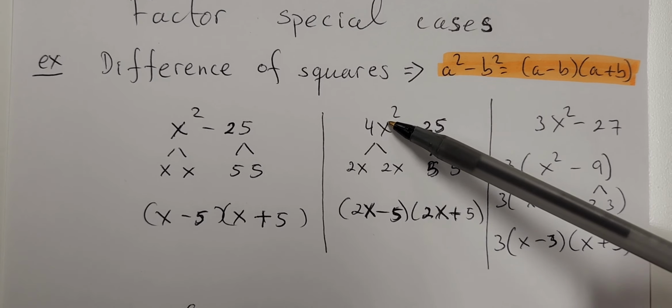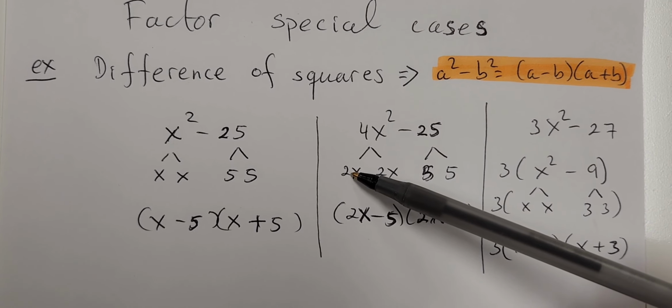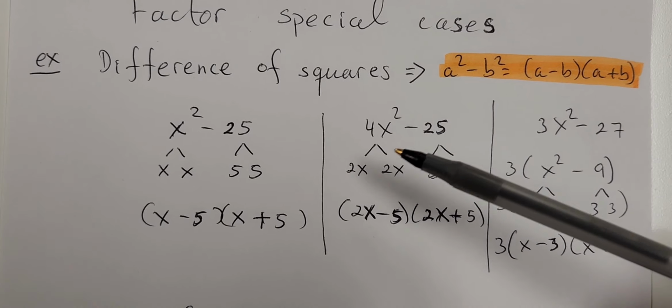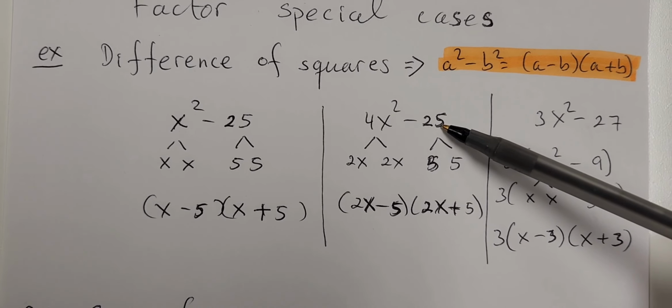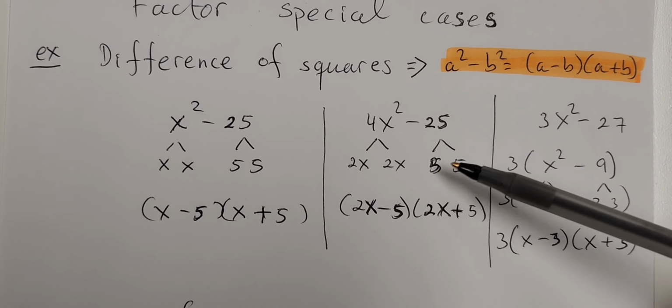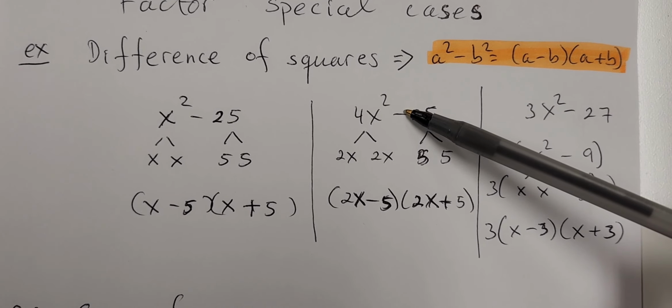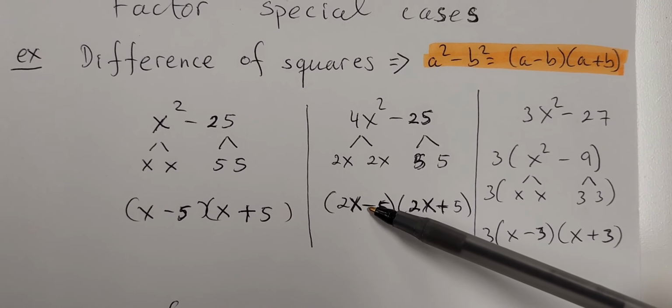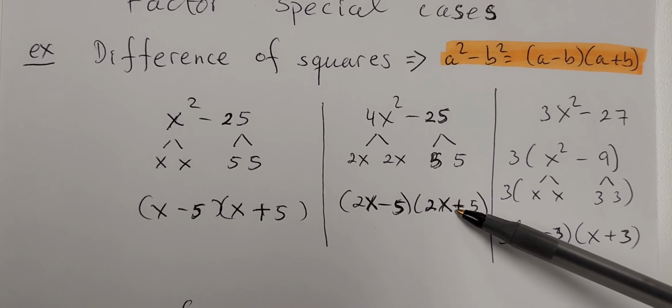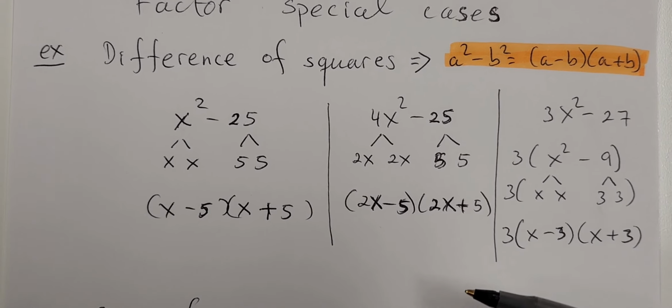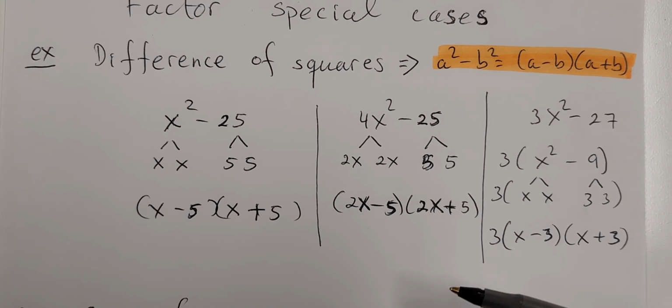So break this up into 2 parts: 2x, 2x, and same thing here, 2 parts, 5 times 5 is 25. And since the middle has a minus, I can write it as 2x minus 5 and then 2x plus 5. So be very careful, okay?